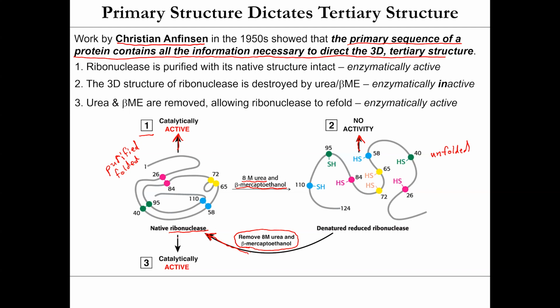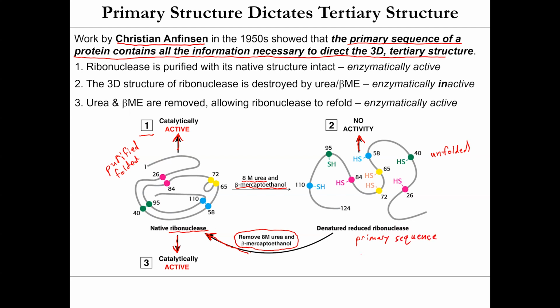So the protein was able to fold back into 3 dimensions again and gain back its function. So this not only tells us that a protein has to be properly folded for it to have its proper activity, but it also shows us that all the information on how that protein folds into its proper conformation is contained in the primary sequence.